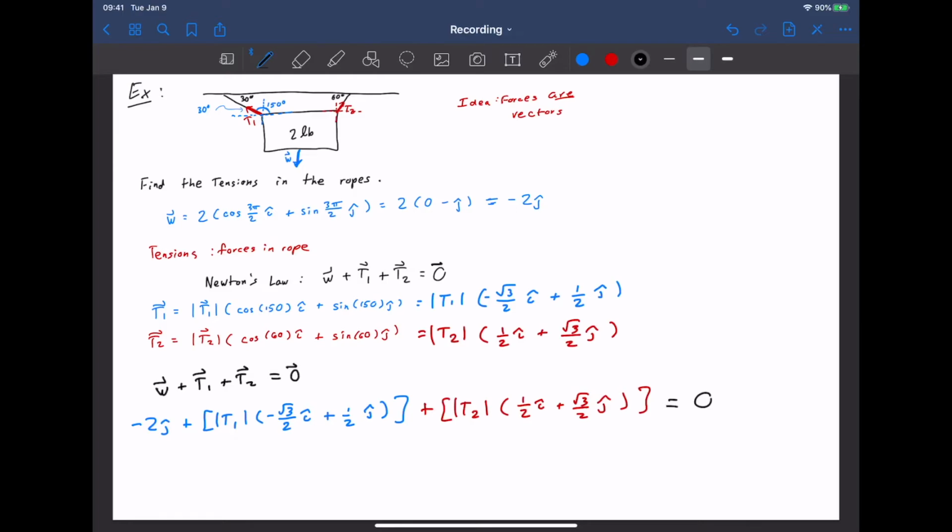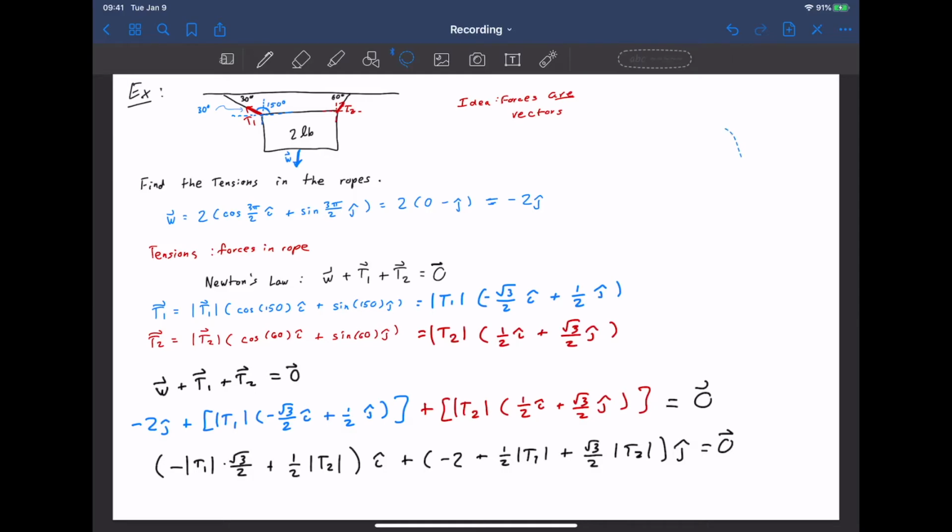So what I got here is there's no I component from the weight, from the W. We have T1 times negative root 3 over 2 plus 1/2 T2, and this is all in the I direction, plus negative 2 plus 1/2 T1 plus root 3 over 2 T2 in the j direction still equals the 0 vector.